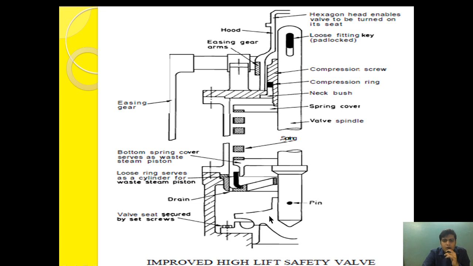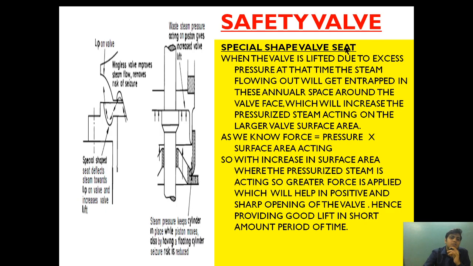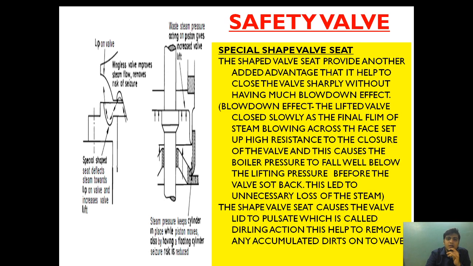The overall steam acting on the surface area is increased, and hence the overall lift is increased and the valve will lift sharply in a short span of time. So one problem, quick lifting, is solved because of the specially shaped valve design. Now second is the waste steam piston.